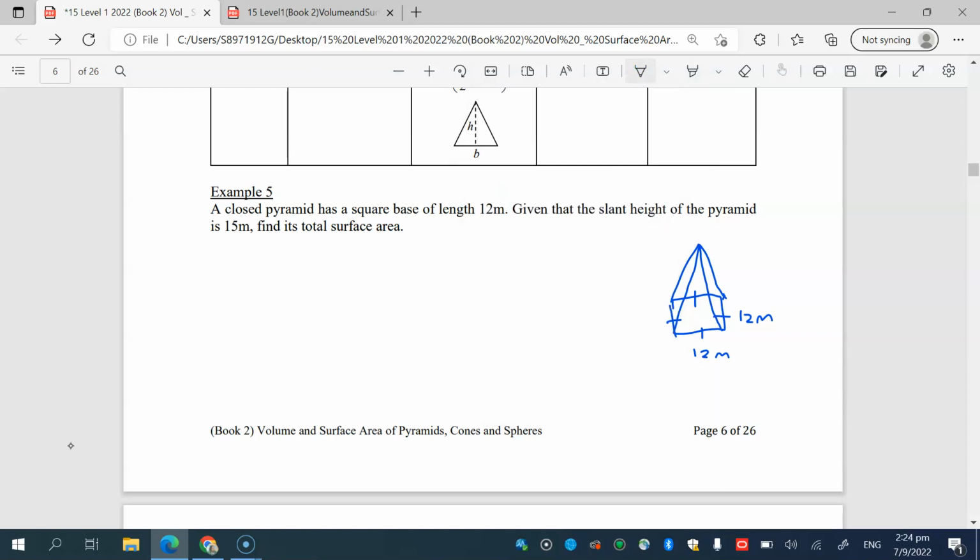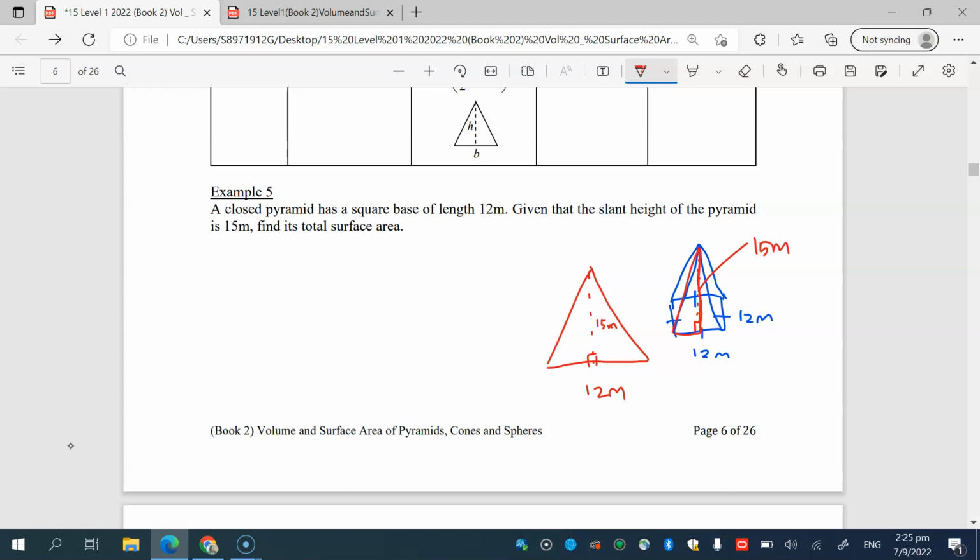So remember the definition, the slant height is from the top to the middle of the base like that. So this part here is the slant height, 15 meters. In other words, if you just extract out one triangle, this is 15 meters here, and then the base is 12 meters.